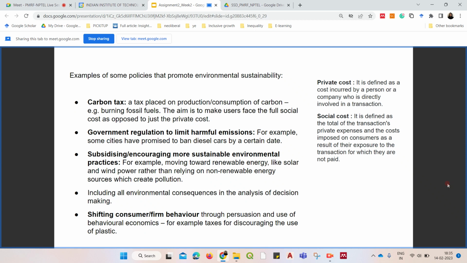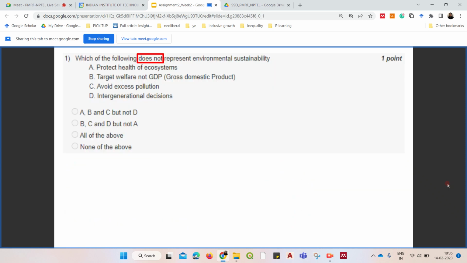You can get the fee back when you submit your plastic empties for recycling. So it encourages the behavior of recycling and trying to use less plastic. So this is another example of shifting consumer behavior. I hope this is clear and that you understood all the background material which is required to solve this question.